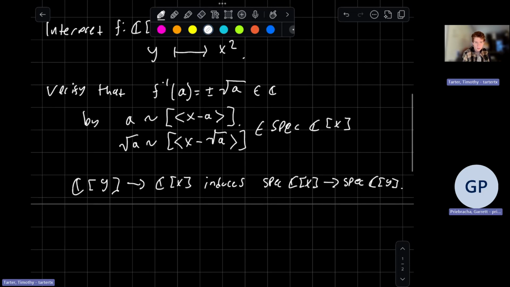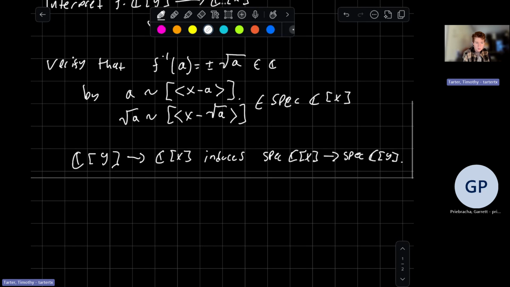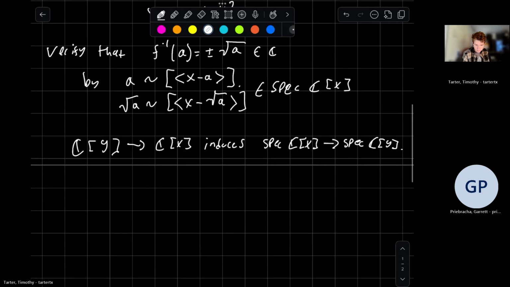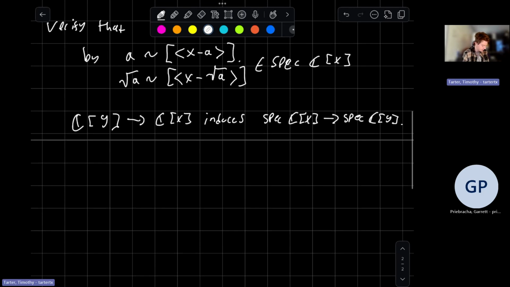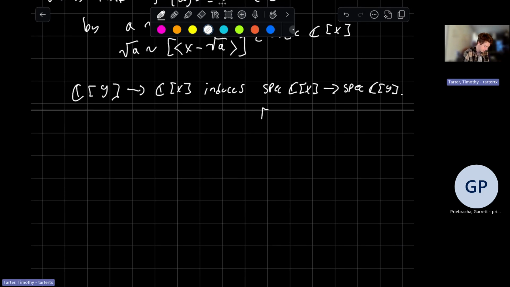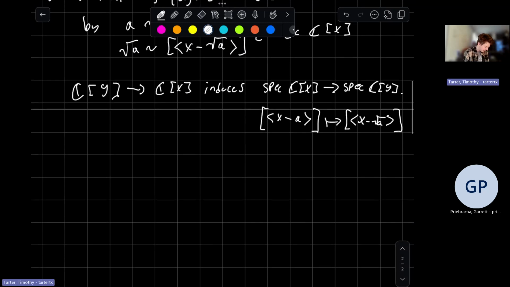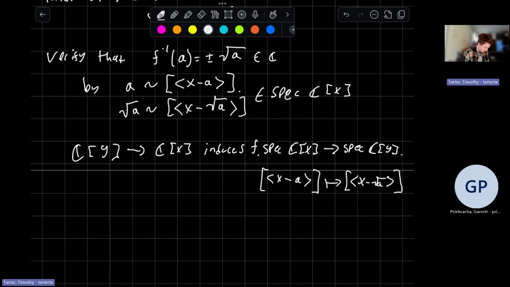That makes sense. And what that does is it sends x minus a to x minus the square root of a. And so we'll call this f star.